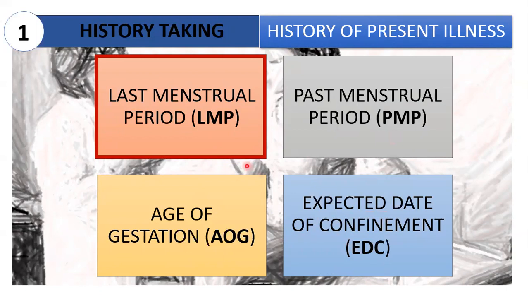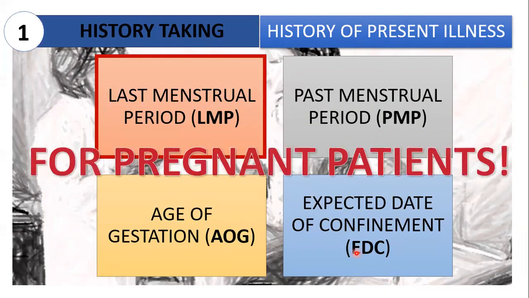I highlighted the LMP in red because this is a very important component on which we base the computation of AOG and EDC. Take note that these four components are for pregnant patients. So these four components should be present in the HPI for pregnant patients.